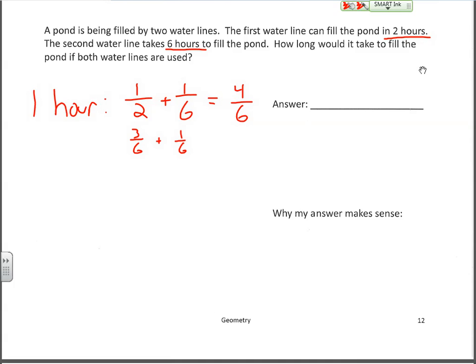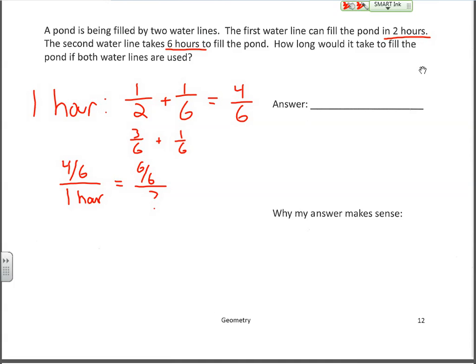Now, of course, you can reduce that to 2/3, okay? But the pond will be 4/6 full. And so here we come to our proportion. If the pond is 4/6 full in 1 hour, we want to know how long it will take to get the pond 6/6, or 1 whole, filled, right?